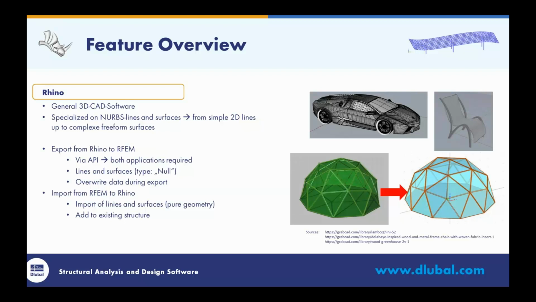For those of you who haven't heard about it before, Rhino is a general 3D CAD software. It's specialized on NURBS curves and NURBS surfaces. With these NURBS curves and surfaces, you can create anything from a simple 2D line up to complex freeform surfaces.